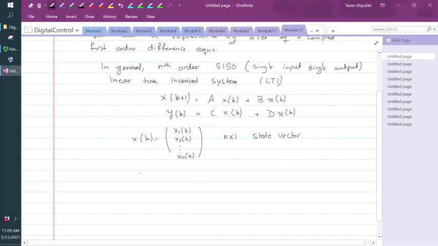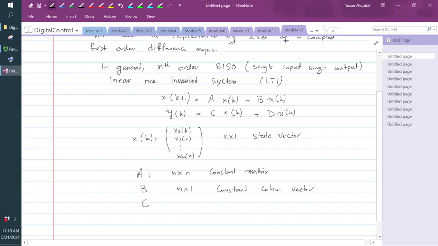And then we have the A matrix. This is an n by n constant matrix. And then we have the B. This is an n by 1 constant column vector.